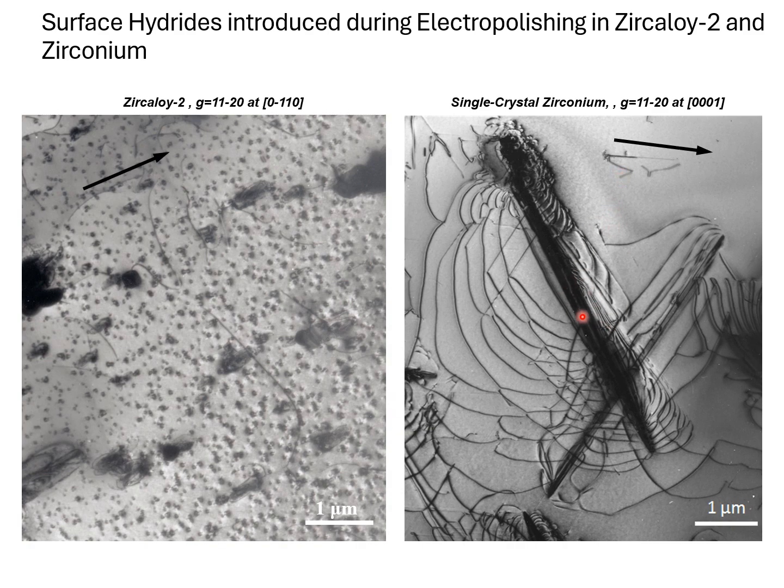If you have a site on the surface where you get a lot of hydrogen generated from water vapor or whatever when you prepare these samples, you're pushing a lot of hydrogen into the material, because hydrogen likes to be in the zirconium.